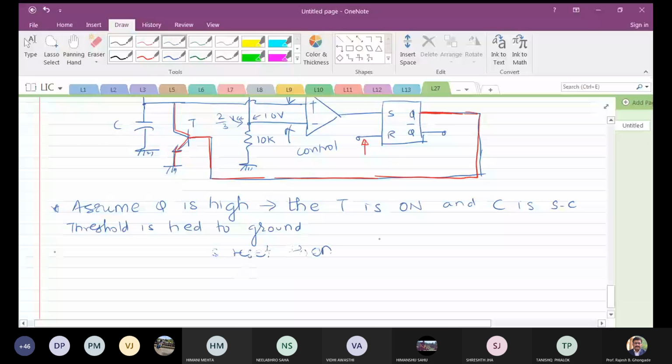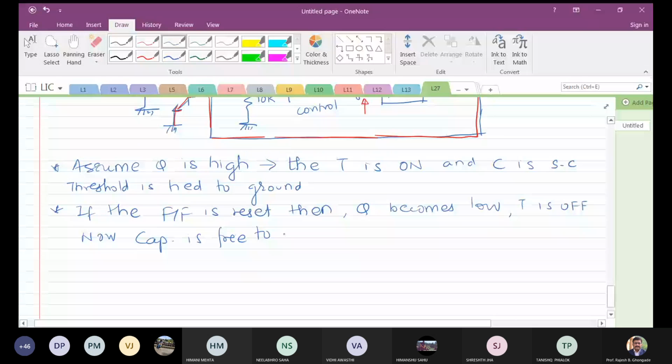The capacitor is free to charge through resistor R. So it will take some time to charge.